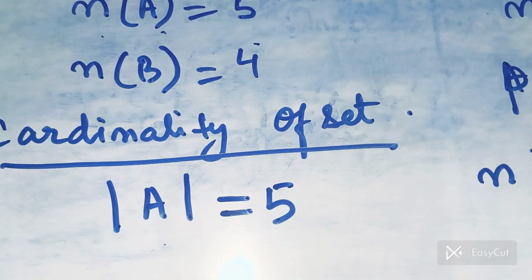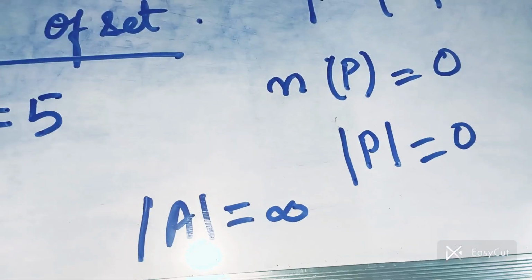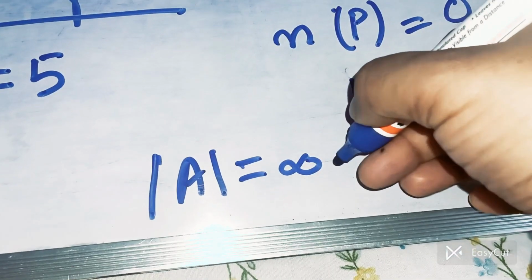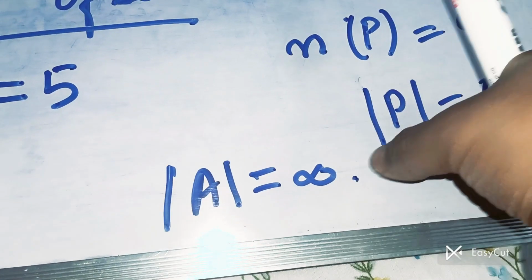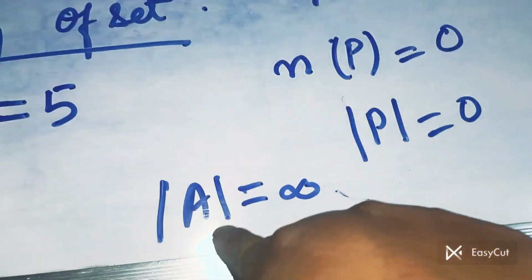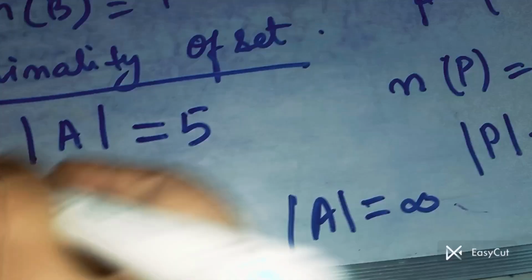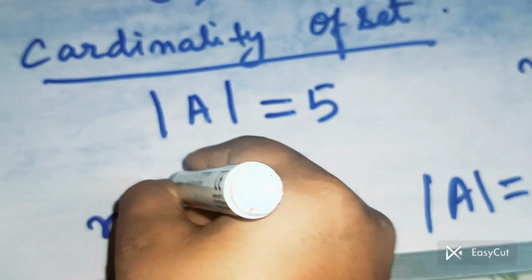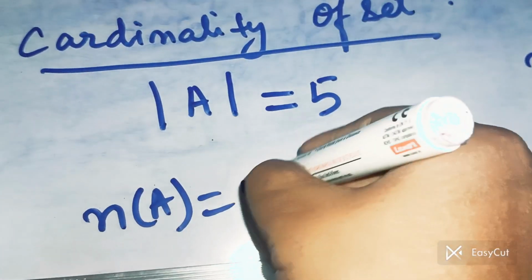So cardinal number of an infinite set is not defined, but cardinality of an infinite set we will write as infinity. But if we write N of A, when A is infinite set, it is actually undefined.